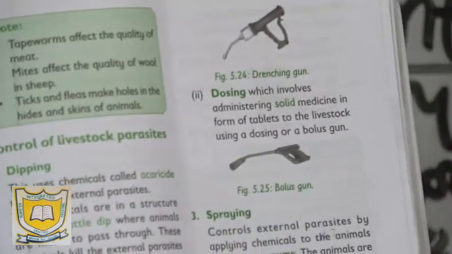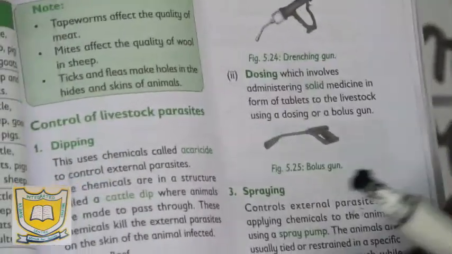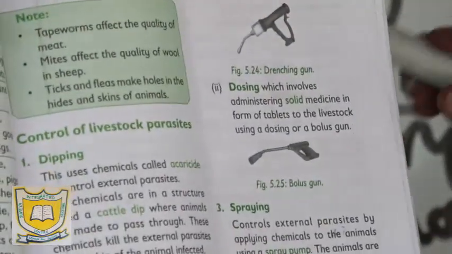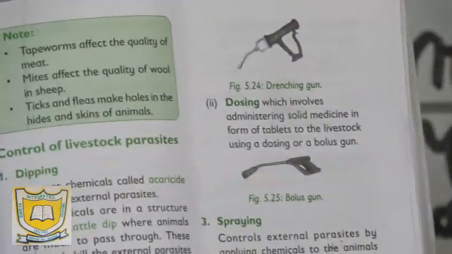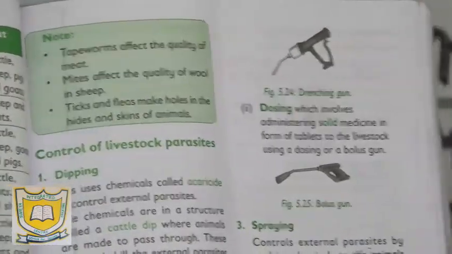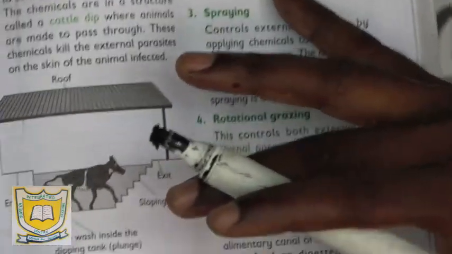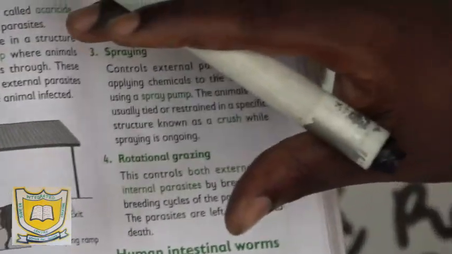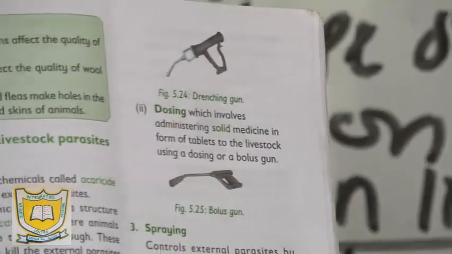Dosing is giving out solid medicine. With dosing, we use a bolus gun, or dosing gun. This one here is the bolus gun. It is used for solid medicine, while the drenching gun is used when you are giving out liquid medicine.